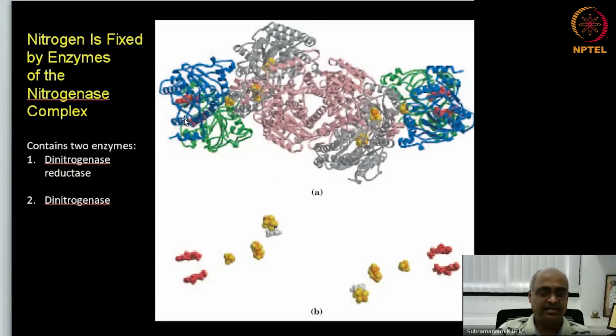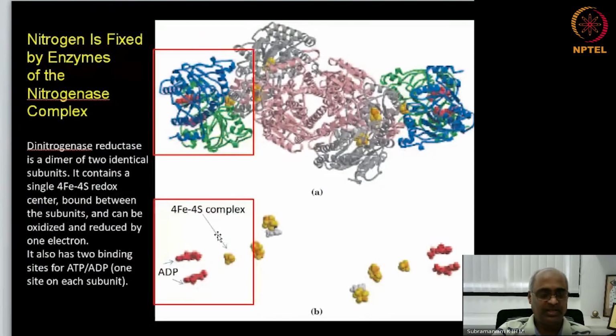And it has the non-polypeptide moieties, and that alone is shown here. So first let us focus on the dinitrogenase reductase itself. It has a single 4Fe4S iron sulfur complex, and it also has the site for binding to ATP or ADP, depending on whether it is already hydrolyzed or ATP is just binding.